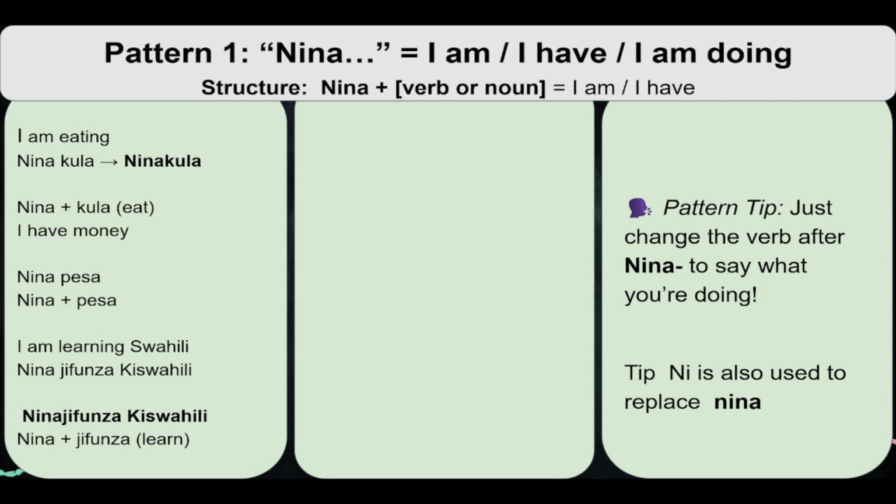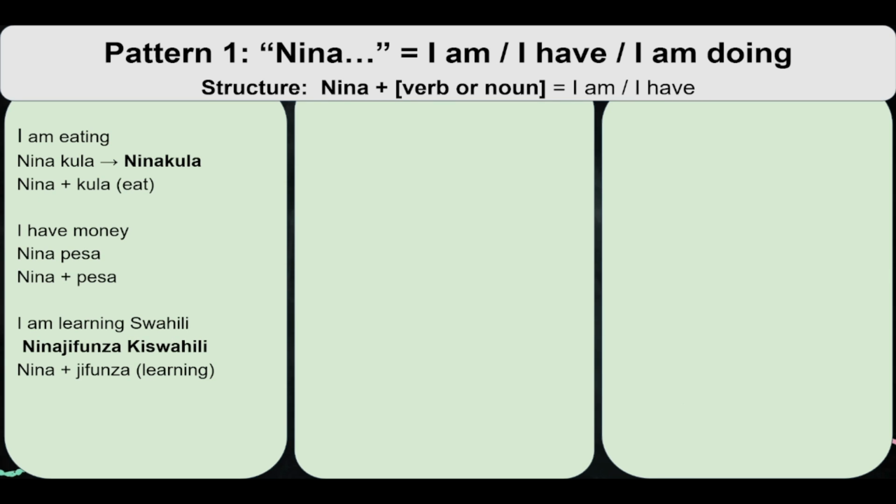So in other words, Nina kula, I'm eating. Let's say you want to say I'm driving a car. Nina endesha gari. Right? And that is perfect Swahili right there. So you can see the Nina part didn't change. You just keep plugging in all these other words after Nina.